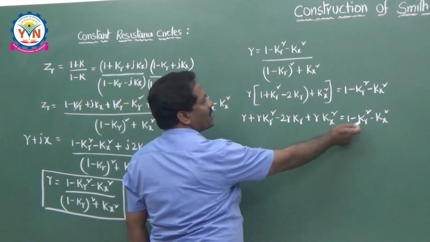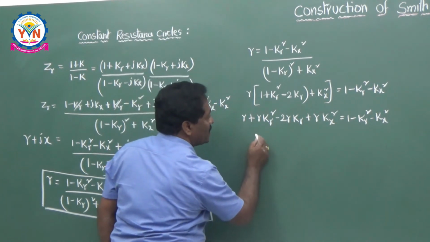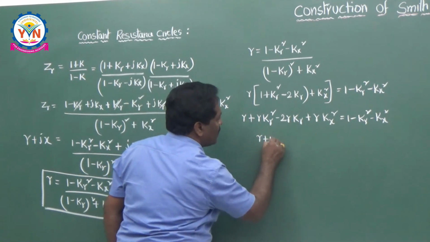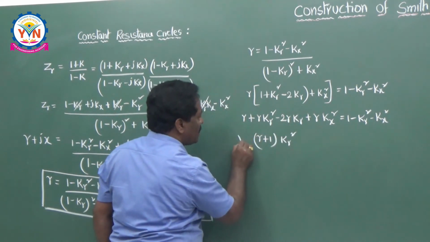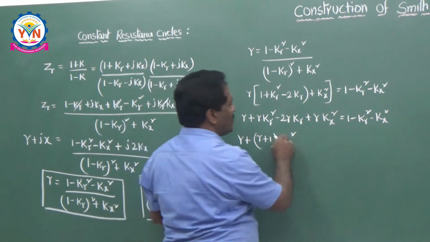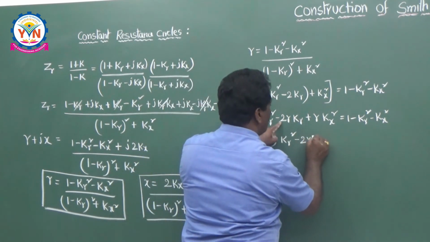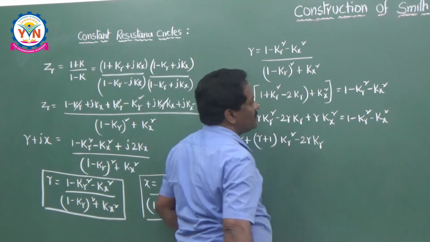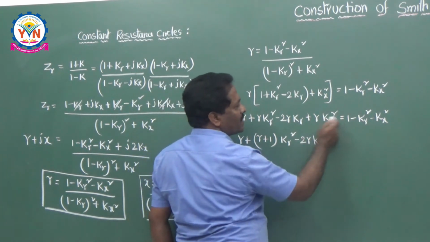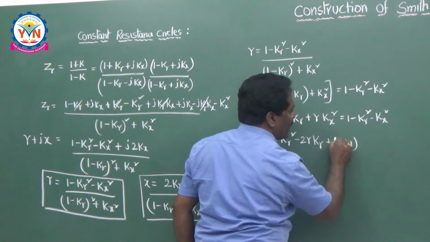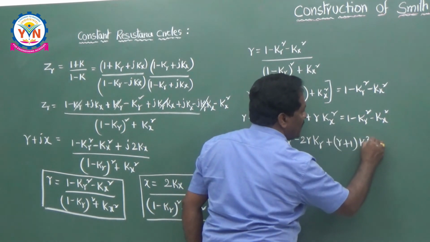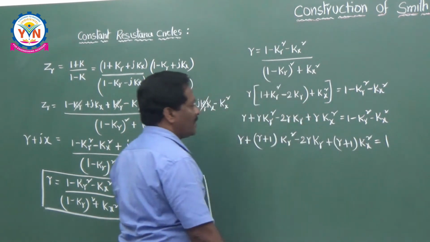So take kr square to this side. This is (r plus 1) into kr square, and this is minus 2r into kr, and if you take the kx square to this side, (r plus 1) into kx square, and r is equal to 1.